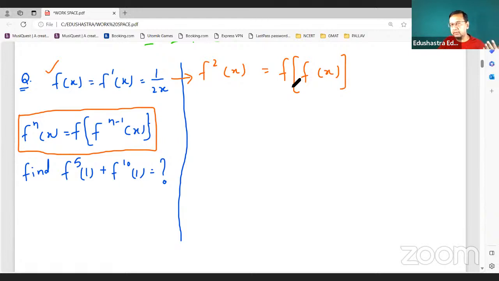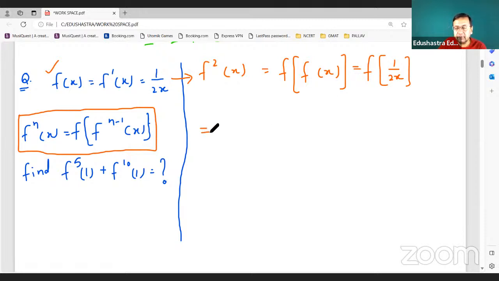Because I need to solve the f function two times. This is basically a recursion function, calling the same function from within the function itself, right? So when you're solving this, you will always start solving from inside. So this is f of f of x. What is f of x? 1 by 2 of x. This one, right?